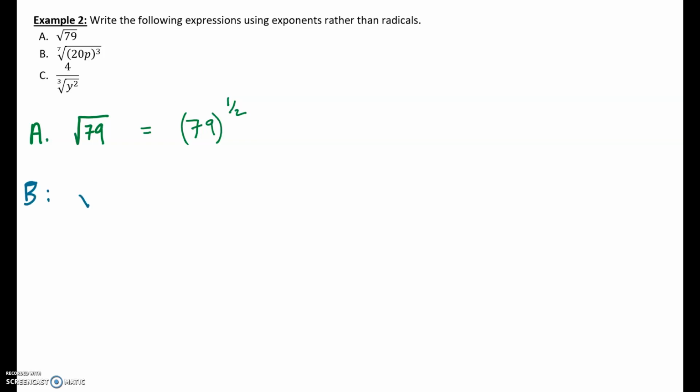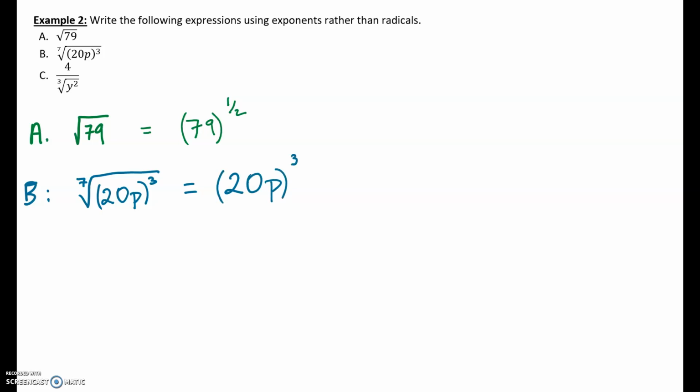which is the 7th root. That symbol there is the 7th root of 20p, and all of that is cubed. Okay, so now you have 20p cubed, that's pretty clear, so we can start with that, 20p, and all of that's cubed.